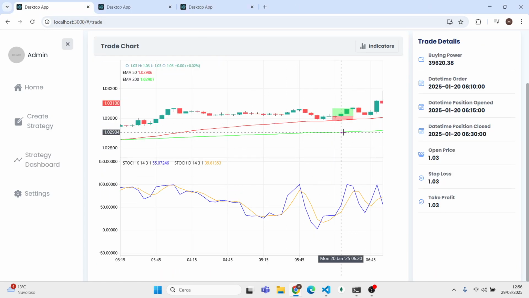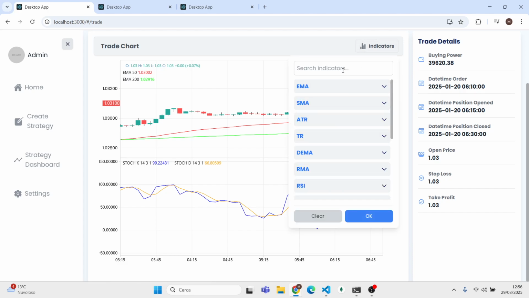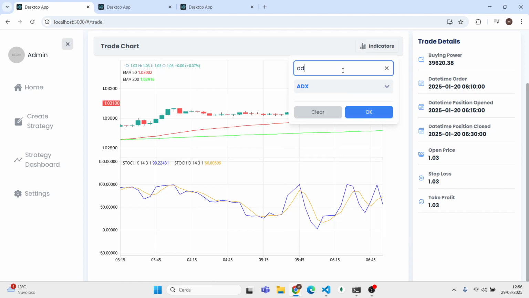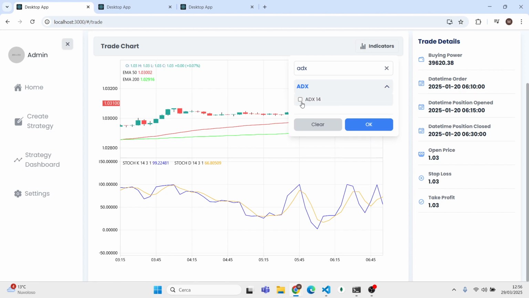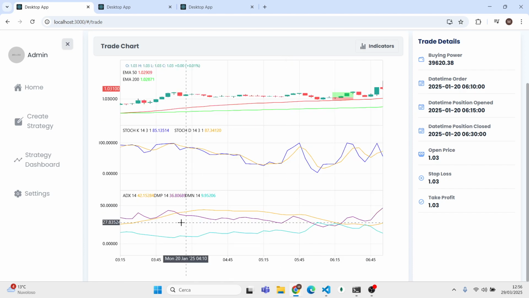So let's add the ADX, because they are two sub-indicators of ADX. As we can see here, this is a cross. We have DMP that has this color, and DMN that has this color. As you can see here, there is a cross of DMP and DMN.